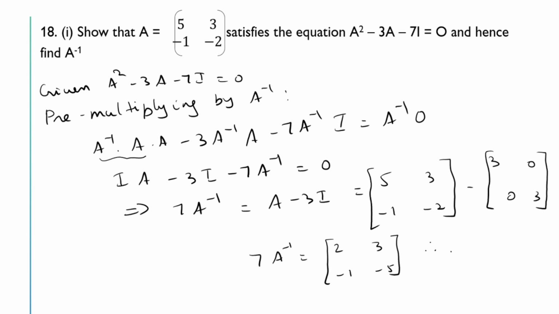Therefore, A inverse is equal to 1 by 7 into 2, 3, minus 1, minus 5. So if you are given a matrix equation and asked to find A inverse, we have to pre-multiply by A inverse and take A inverse on one side, and from that we can find the matrix A inverse.